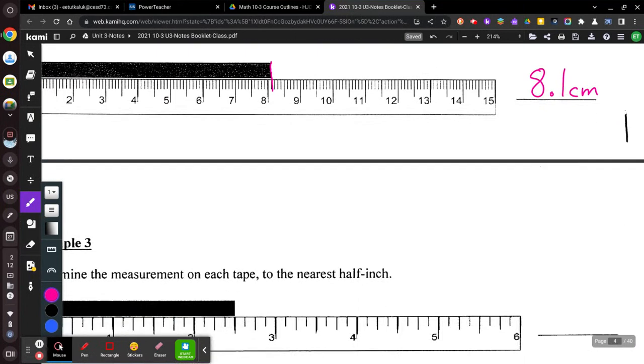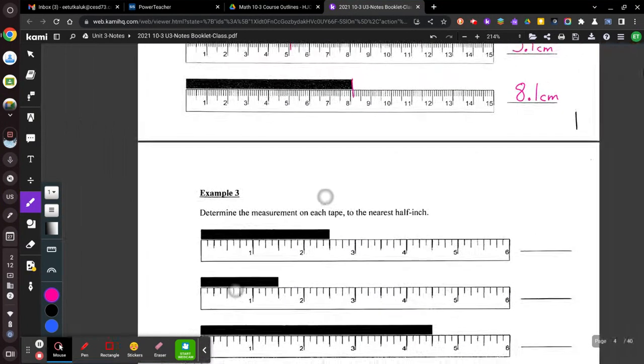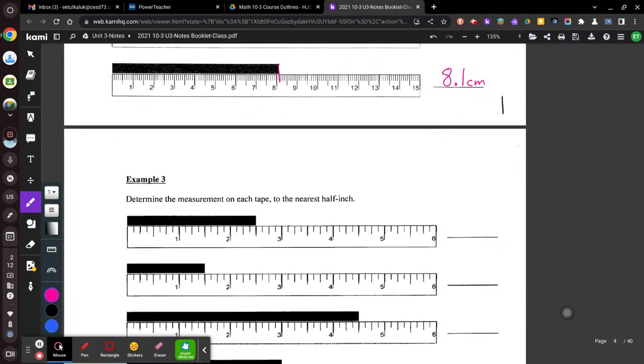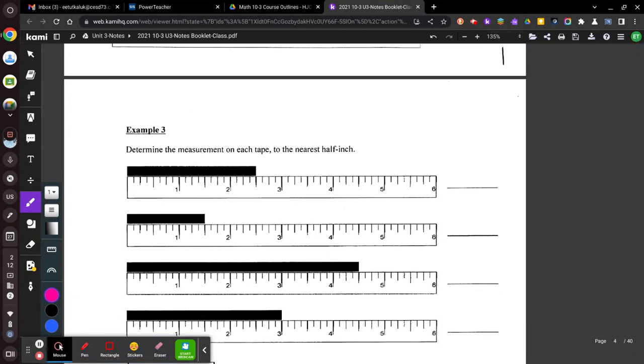Lots of measuring. Now we're going to what's called a half inch. A half inch. Well, first of all, we need to know a few things about inches. So we're going to write a note to ourselves up here.